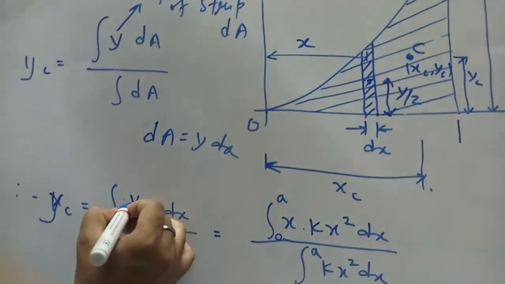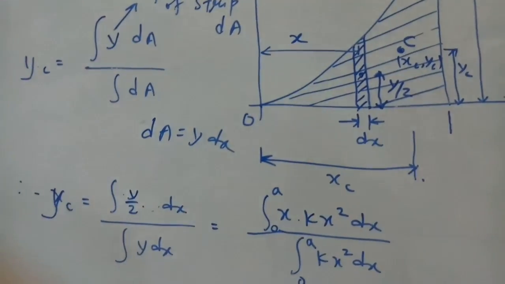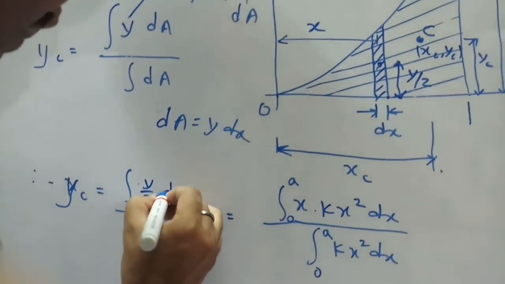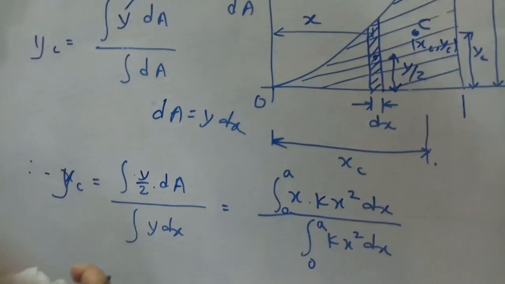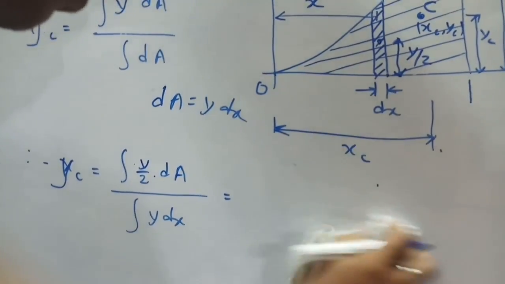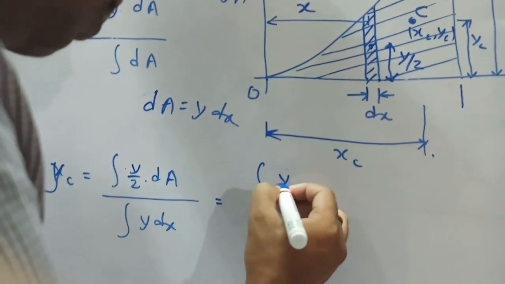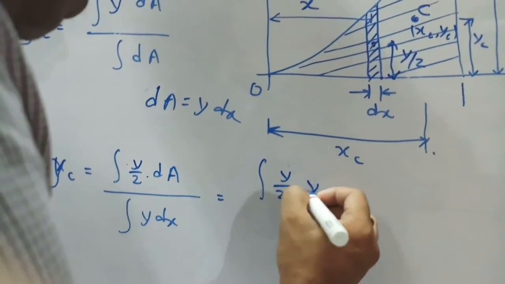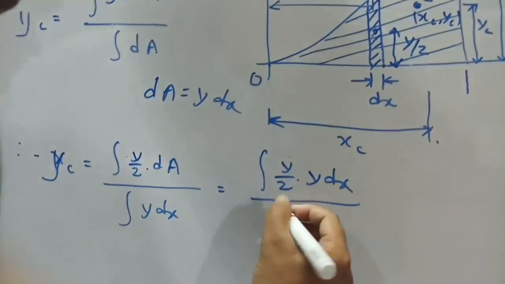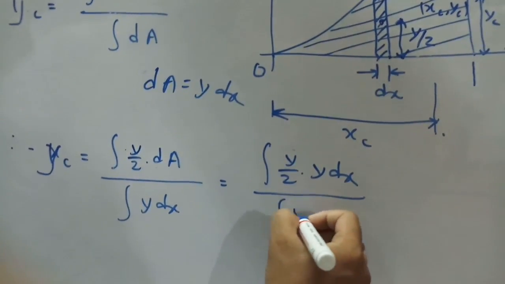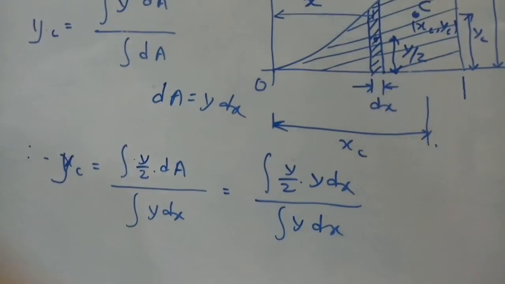Therefore, putting the value of y by 2 multiplied by dA, yc equals integral y by 2 dA, meaning y dx, divided by integral y dx.